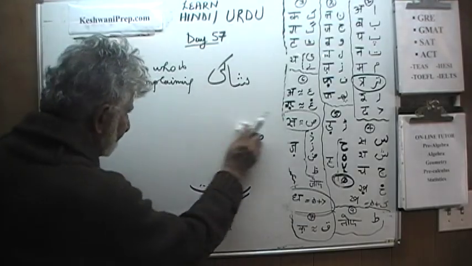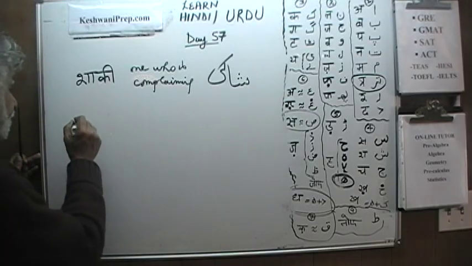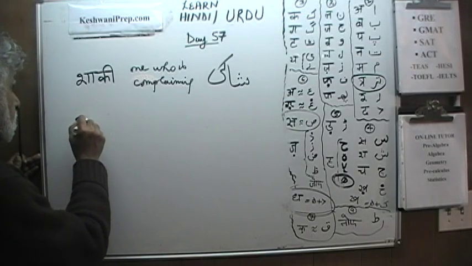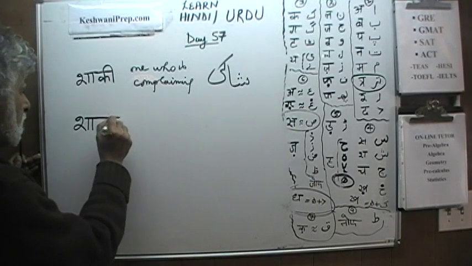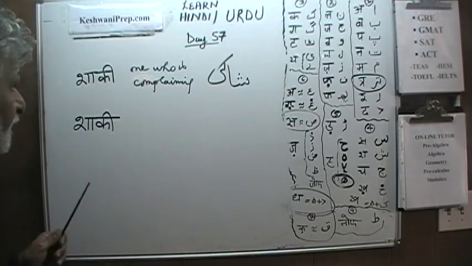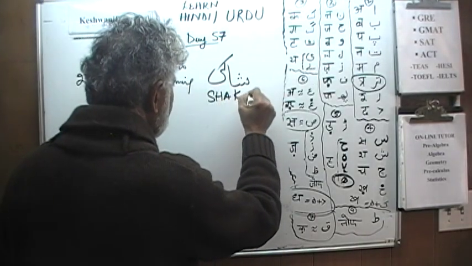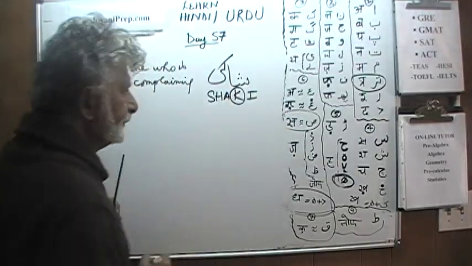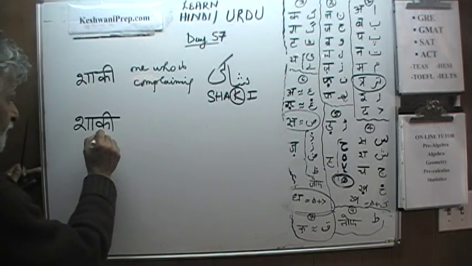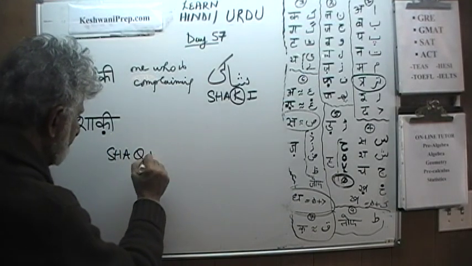So, what's the big fuss? Let's write another word. Here's the other word. What does it read? That also reads shaki. But this shaki is spelled with a K. This shaki will be spelled with a Q. Shaki.